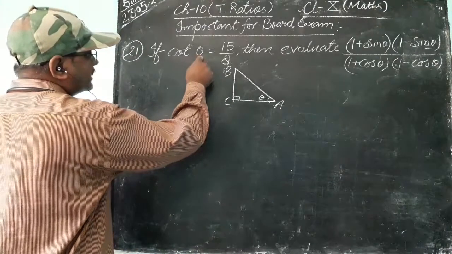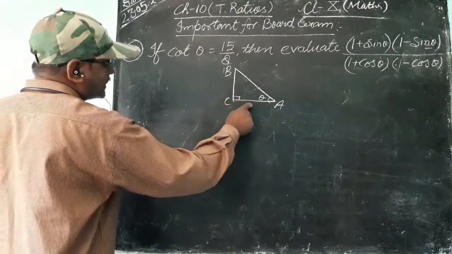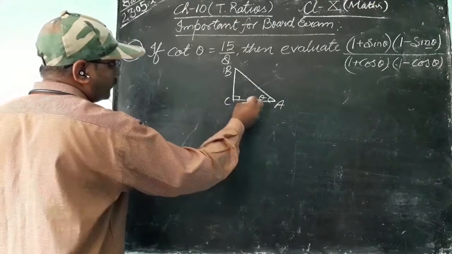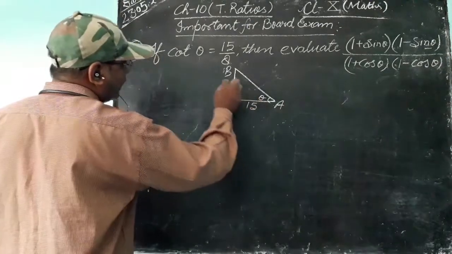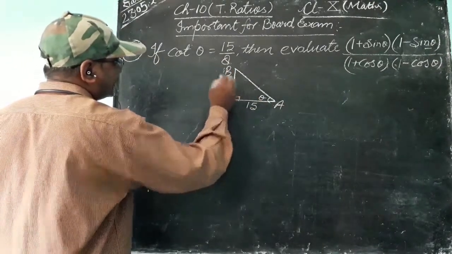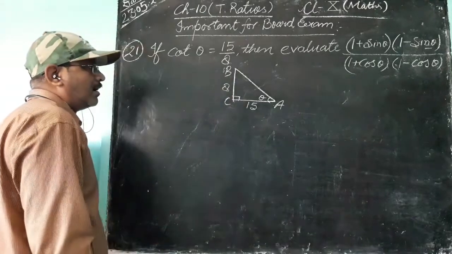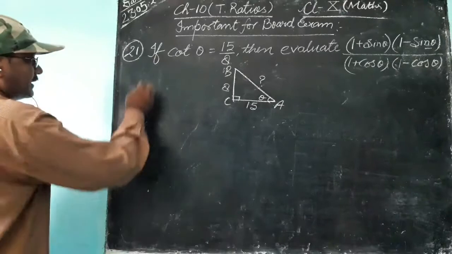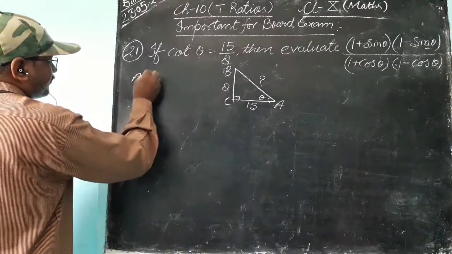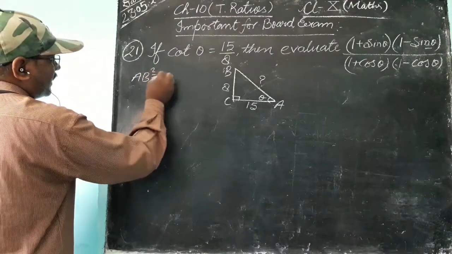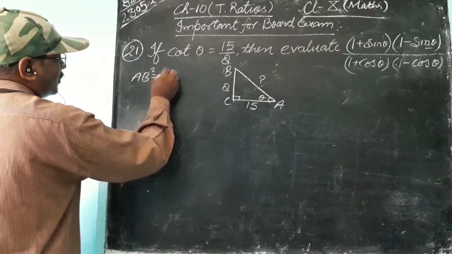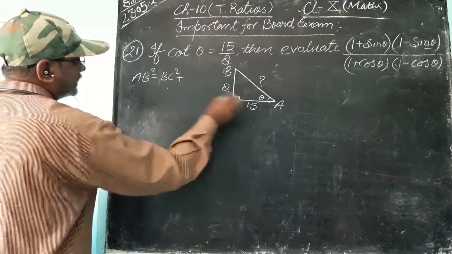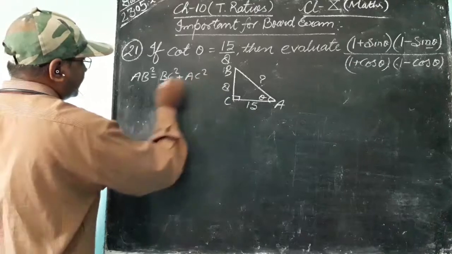Then cot theta is equal to base upon perpendicular. The base has been given as 15 and the perpendicular as 8. Clear? Then what will be the hypotenuse? Therefore AB square is equal to BC square plus AC square.